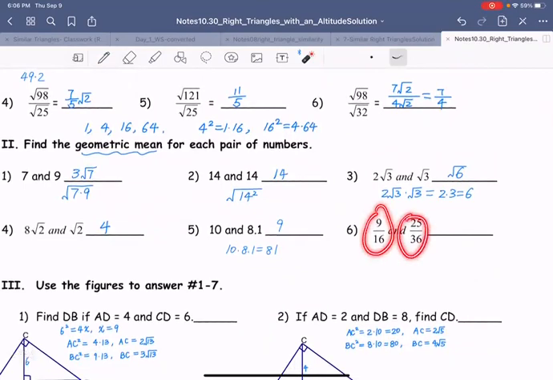This guy, Valeria, go ahead. You want to do this guy's product, and then you want to do the square root, do you?